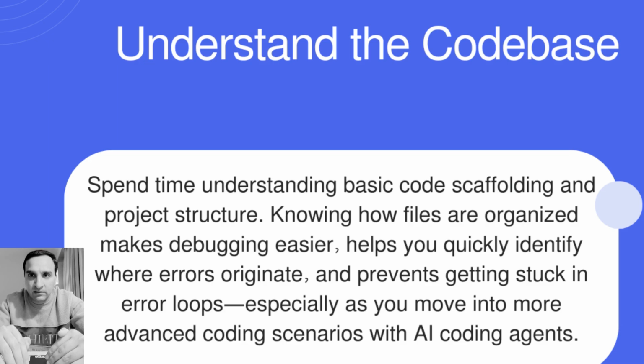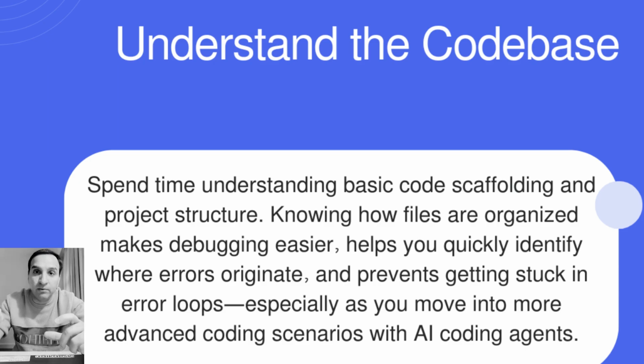This helps you as you develop complex applications to ensure that you are able to debug a problem correctly, because there will be a time that you will end up in a debug loop, and instead of just pasting the error to the agent, it is always good to provide context that, hey, this is a file I believe where the problem is, can you have a look?